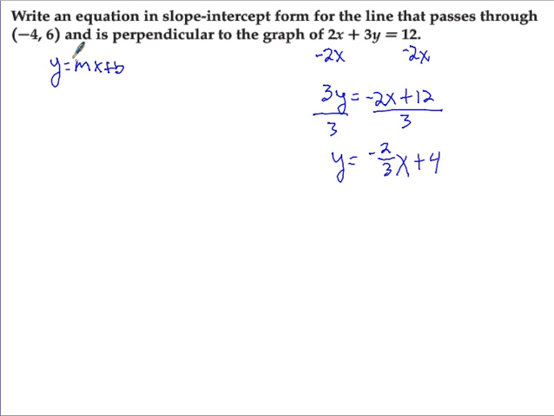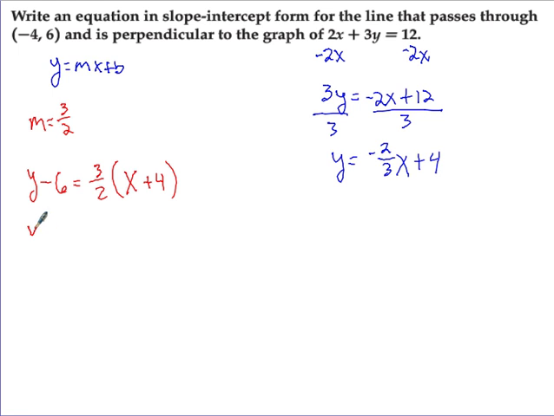So now I want the slope that is perpendicular to that. Perpendicular slope to negative 2/3 would be positive 3/2. So the slope I need to work with is a positive 3/2. And then use this point in point slope form to write my equation. So it would be y minus 6 equals 3/2 times x plus 4.